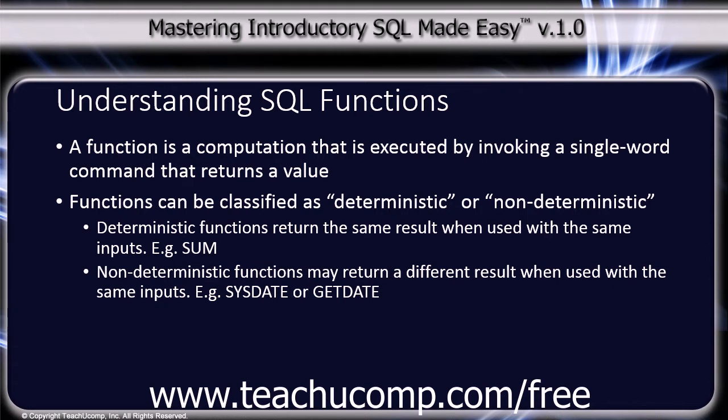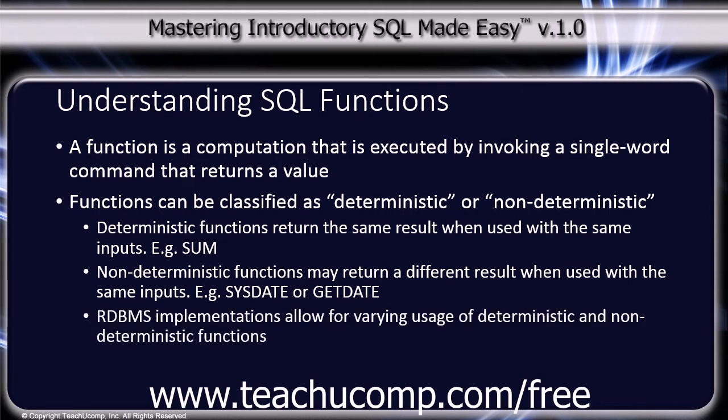For example, the sum function is a deterministic function, as it will always return the same result if given the same input parameters or variables. In contrast, the sysdate or getDate functions, which are used to retrieve the current date in MySQL or SQL Server, are non-deterministic functions, as they will return a different answer when used, even though they use a consistent input.